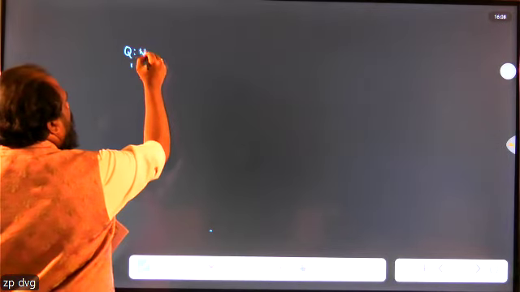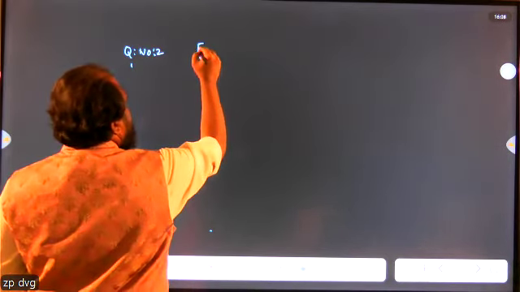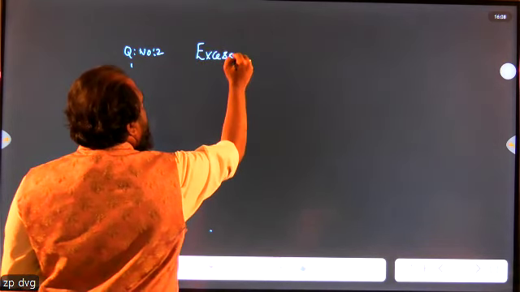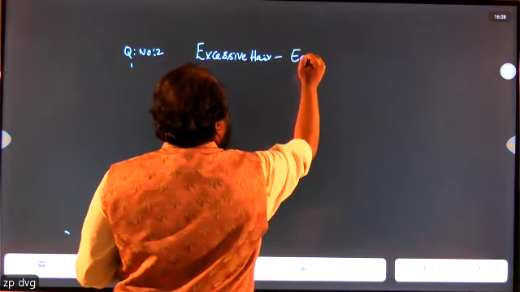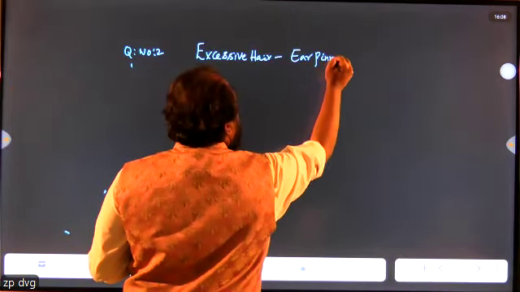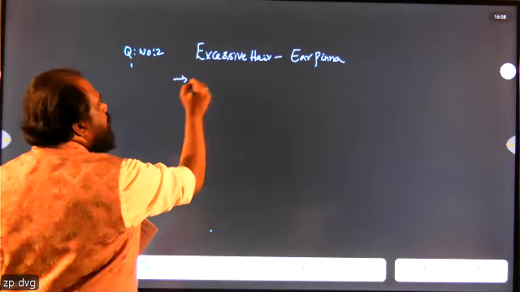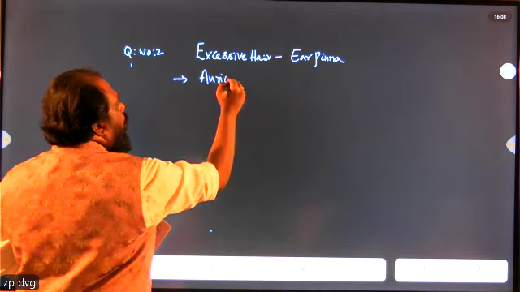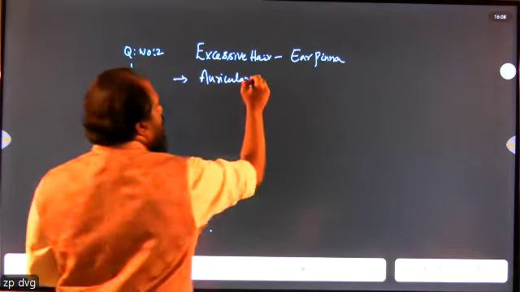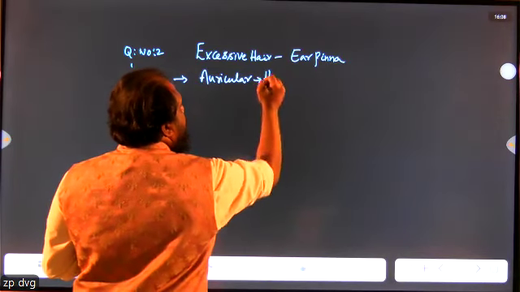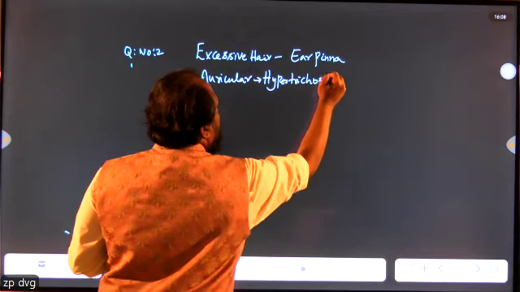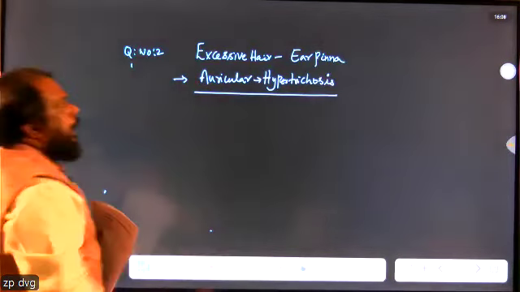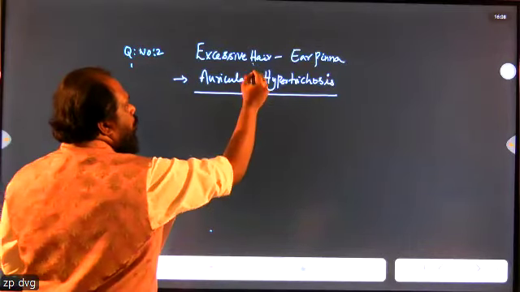Now, the keyword here in question number 2 is excessive hair in the ear pinna. This condition is called auricular hypertrichosis. Auricular means ear. The excessive hair in the ear pinna is called what?